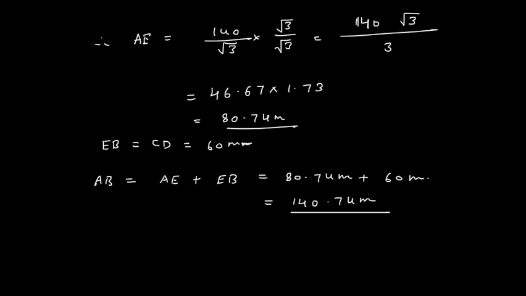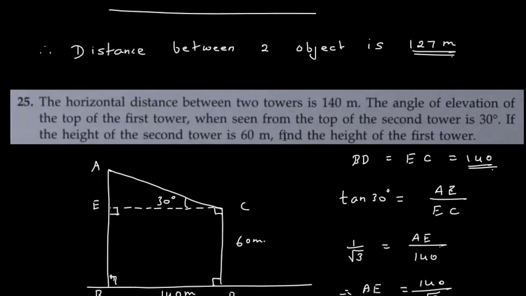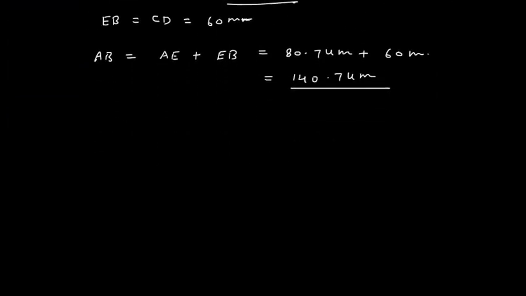So this is the total height of building 1 or tower 1. So therefore we say that the total height of tower 1 is 140.74 meter.